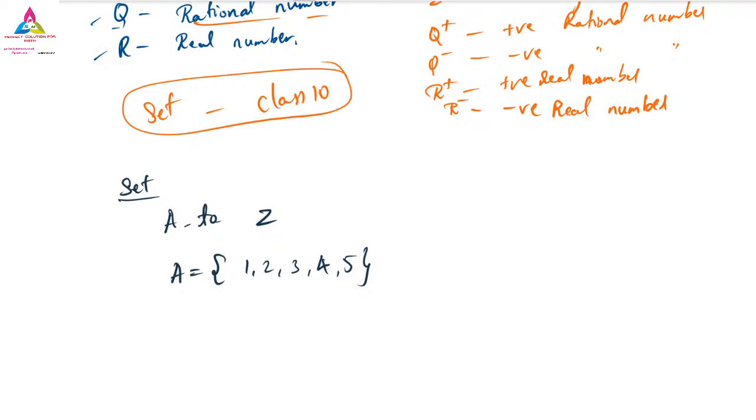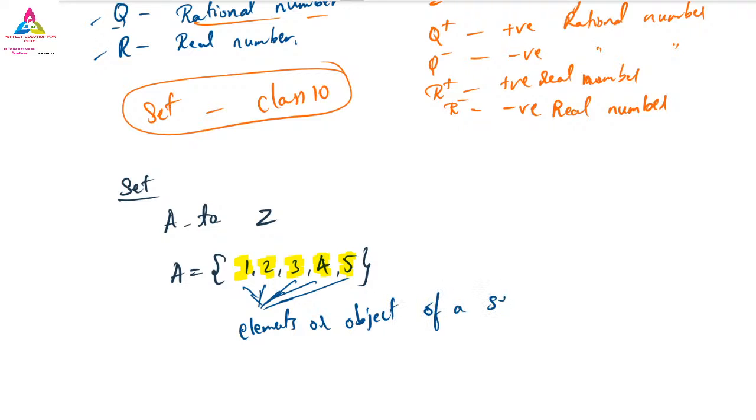These numbers we write inside the brackets are called elements or objects. So here 1, 2, 3, 4 and 5 are called the objects or elements of a set.